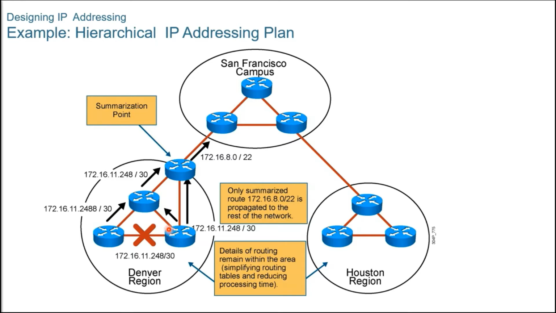All right, so next would be the summarization point. Only the summarized route, for instance 172.16.8.0/22, is propagated on the rest of the network. It will not propagate addresses within the block.